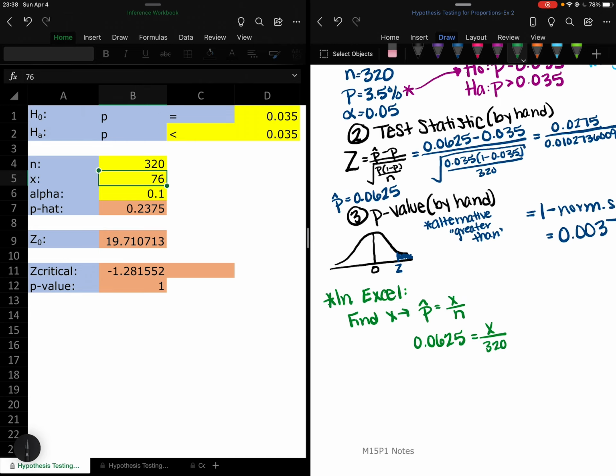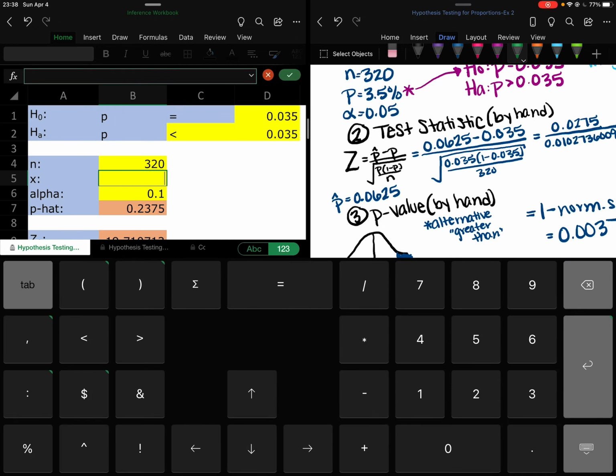So if you know p hat and you need to find X so that you can use Excel, multiply your p hat by your N. P hat times N equals X. Using just a little bit of algebra, the 320s cancel on each side. I have 320 times 0.0625. So X equals 20. So that's what we're going to plug in over here.